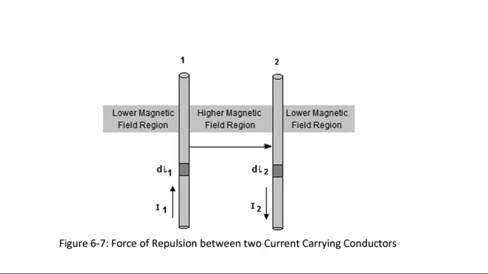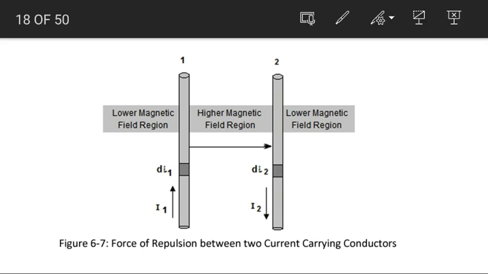Well, if the currents in these two conductors are in the opposite direction, then there will be a force of repulsion between these two conductors. If you apply the right hand rule to these two conductors, the magnetic flux in this particular region will reinforce the effect of each other. So this region will be the region of higher magnetic field, and these regions will be regions of lower magnetic field.